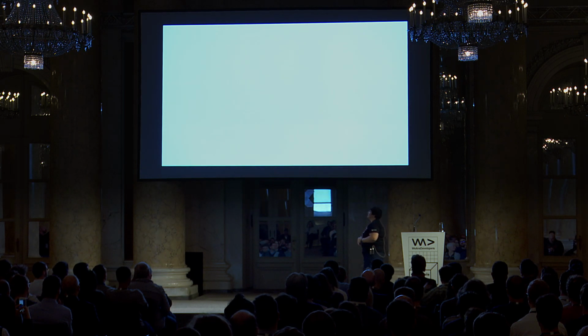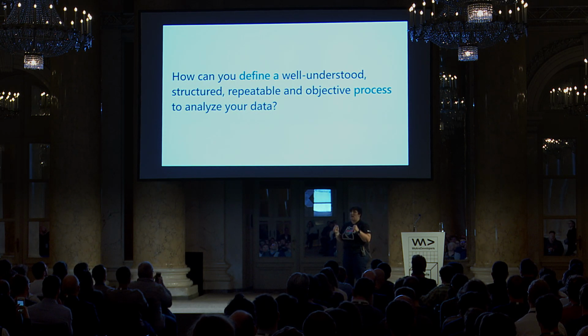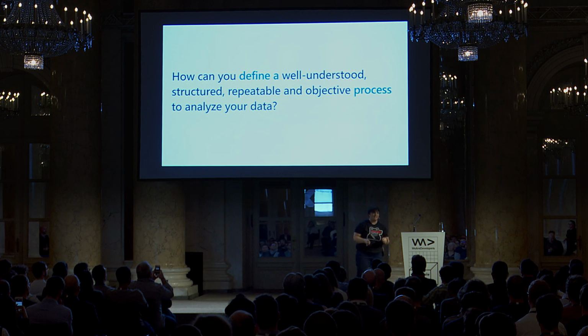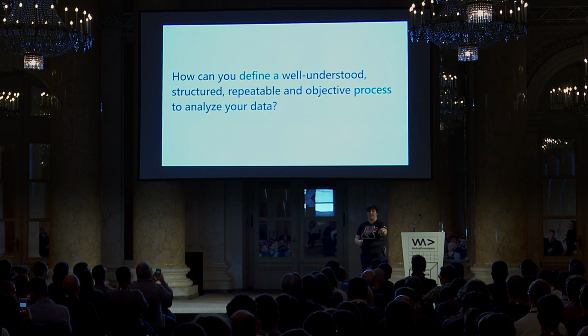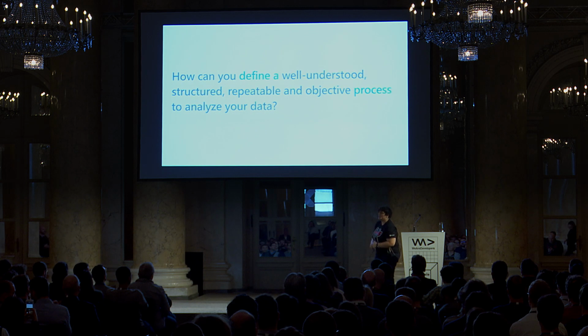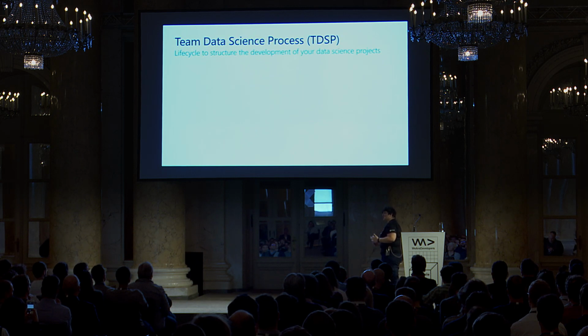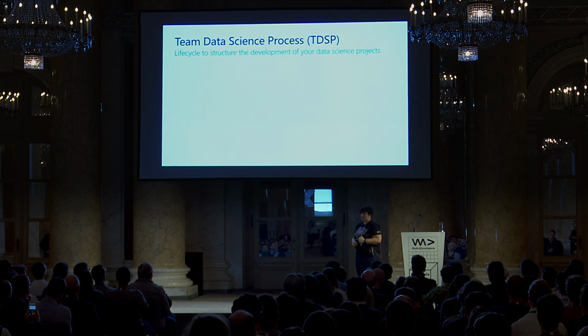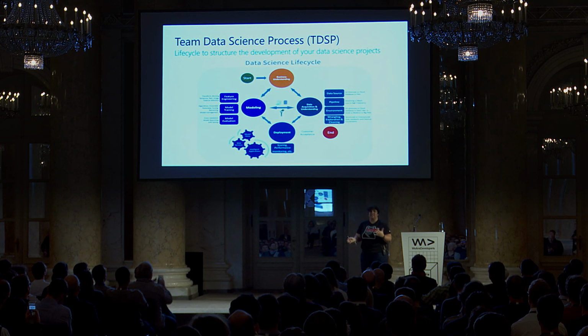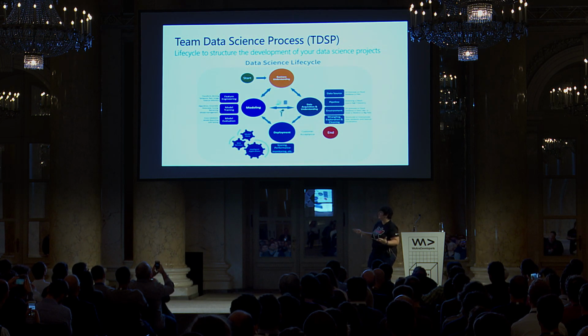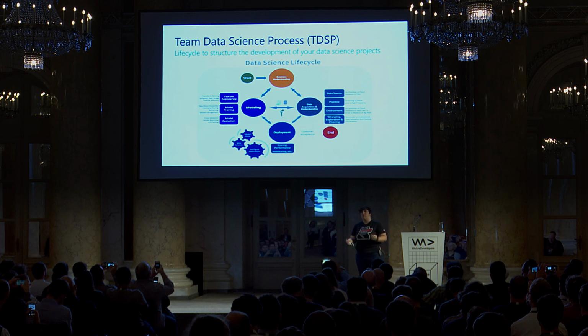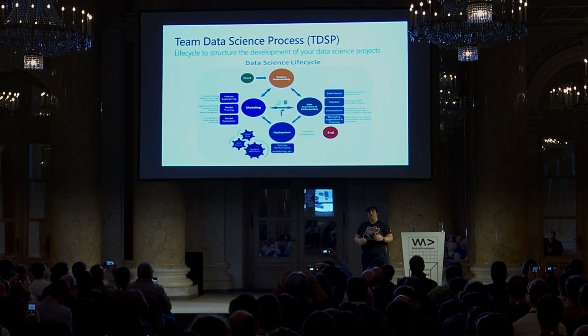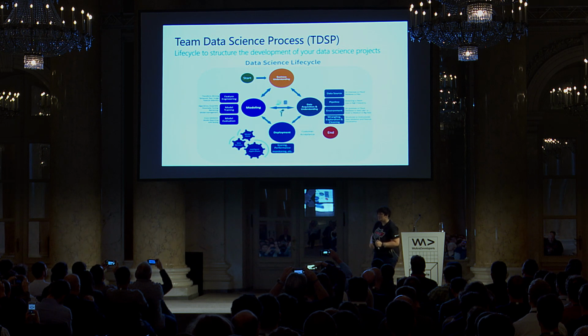So how can we define a process that you can repeat and that is objective to analyze the data that you already have? We're going to use a framework that is called the Team Data Science Process. And it takes the idea from, I don't know if you're familiar with it, the CRISP model, which is a framework for data mining processes, okay?